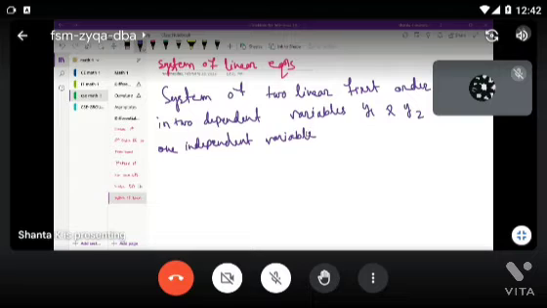We will restrict ourselves to the solution of constant coefficient form. So for example, the first one.